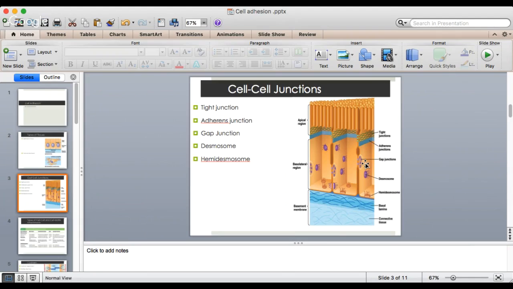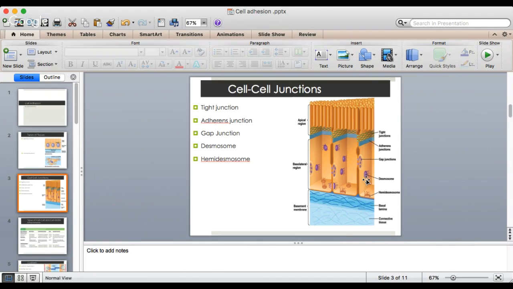Now moving on to desmosomes. Desmosomes act as a small disc or a spot weld. It adheres two cells together, and this way is able to connect to the intermediate filaments such as keratin. And lastly, we have the hemidesmosome, excuse me if I pronounce this wrong.